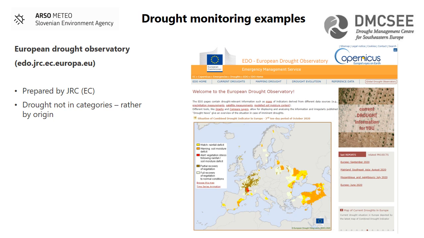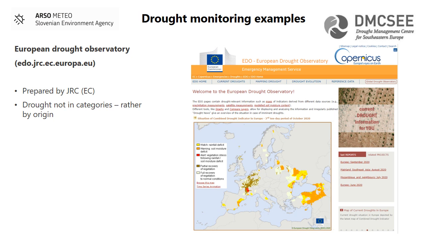Drought is not specified in categories, it is rather just described by origin. Is it caused by soil moisture deficit, by vegetation stress, or is there actually a recovery already recorded?